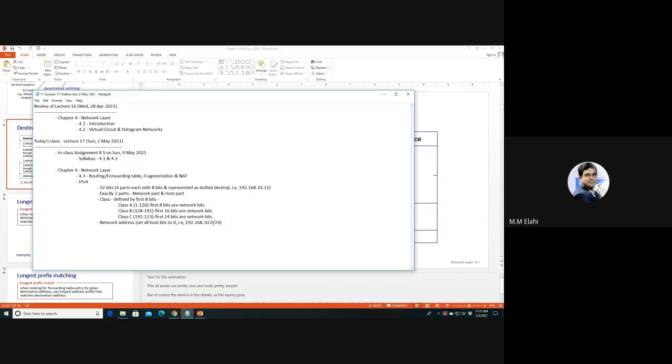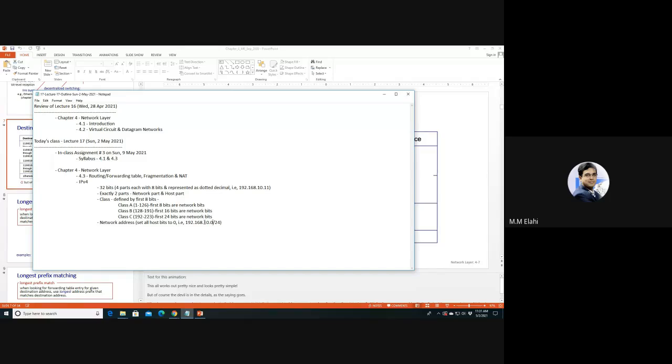Now, why we need network address? Because if there are 100 hosts in a particular network, then the router connected to that network must contain in its routing table 100 entries. So if a packet comes with a particular IP address as the destination, it must store that information in its routing table.